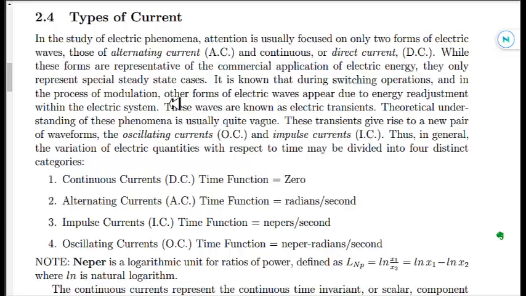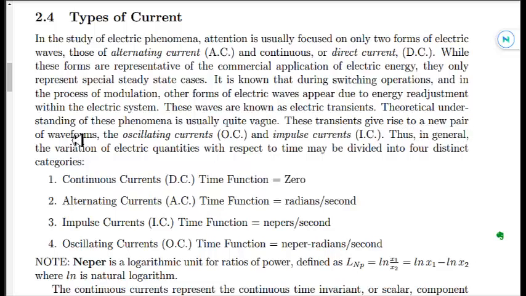So these transients give rise to a new pair of waveforms, the oscillating currents and the impulse currents, OC and IC.